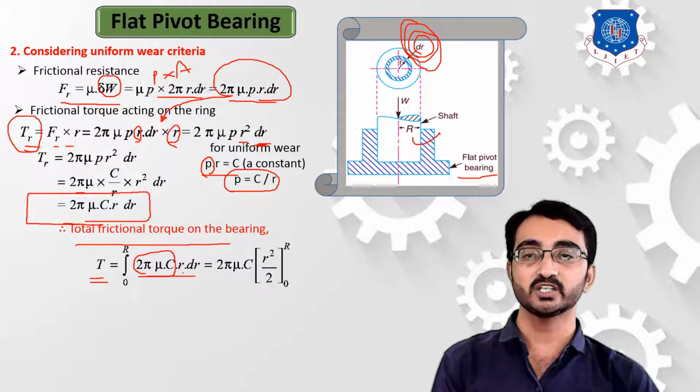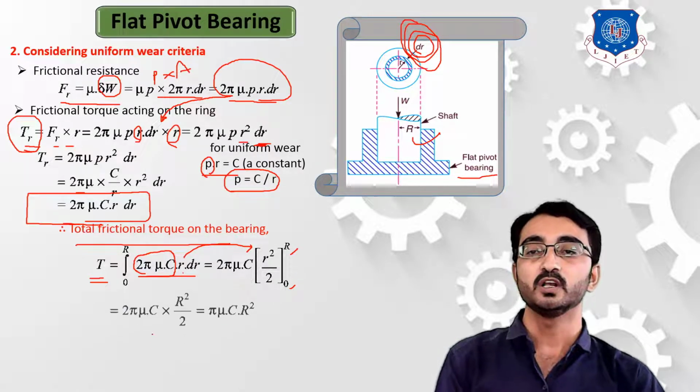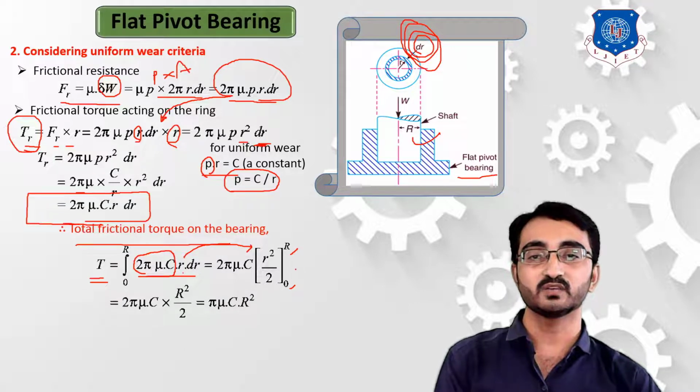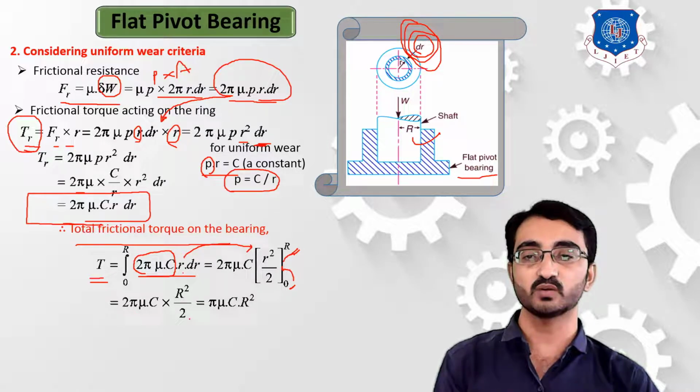So the integration of r will become r square by 2, with upper limit as capital R and lower limit as 0. Now from center to r, that's why we are putting over here the limit from 0 to r. So by simplifying this, putting the upper limit and lower limit in this bracket, we derive the equation, that is 2 pi mu c into capital R square by 2. Now cancelling out these 2, the final equation will become pi mu c into r square.